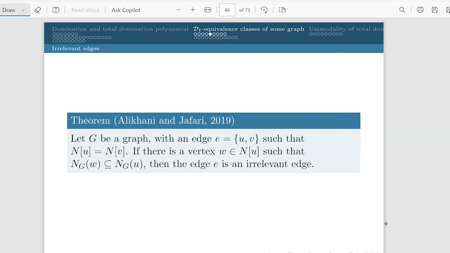And also another theorem about irrelevant edges says that if there is a graph with this edge such that the closed neighborhood of U equals the closed neighborhood of V, and if there is a vertex W in the closed neighborhood of U such that the open neighborhood of W is a subset of the neighborhood of U, then E is an irrelevant edge.